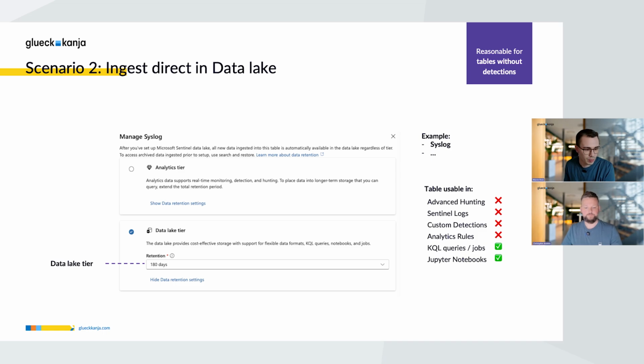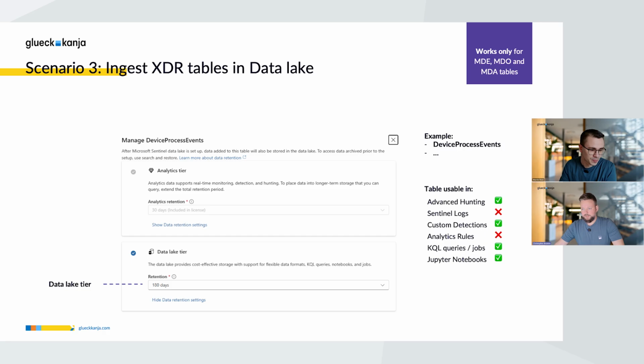But before going deeper, I think we have the third use case about Defender XDR tables, right? Yes, and this is a special one because the XDR tables have a different nature. For now, our advice is not to ingest them into Sentinel, into the analytics tier, because they have a massive volume.